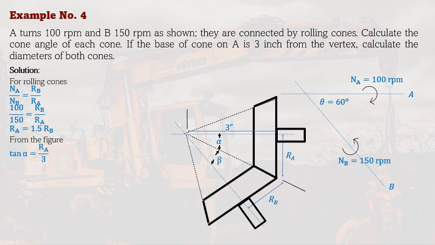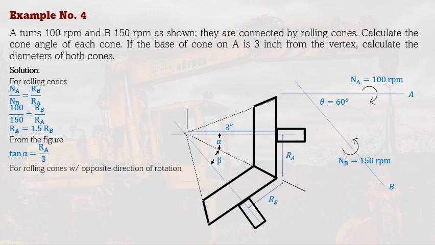From the figure, using trigonometry, tan alpha is equal to RA over 3, based on the triangle that you can form with respect to cone A: its radius, the distance from its vertex to the base, as well as this alpha. So tan alpha is the opposite, which is RA, over the adjacent, which is 3 inches.